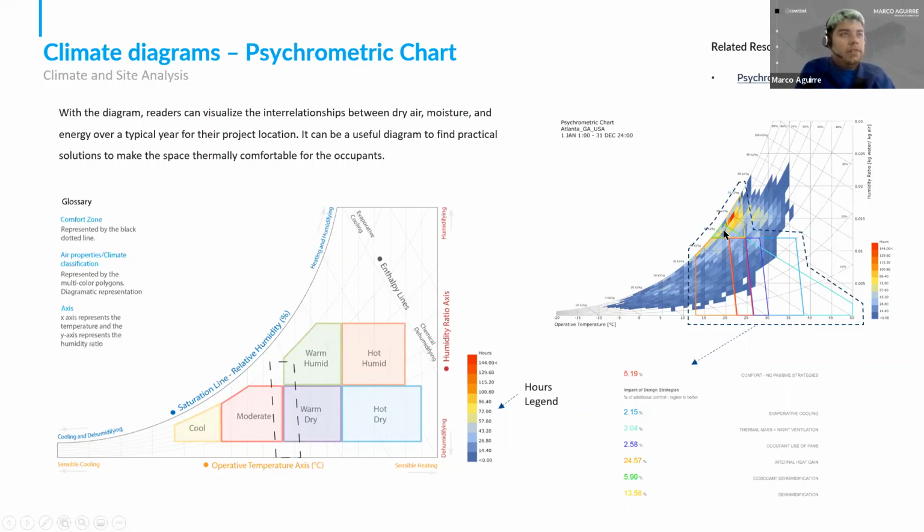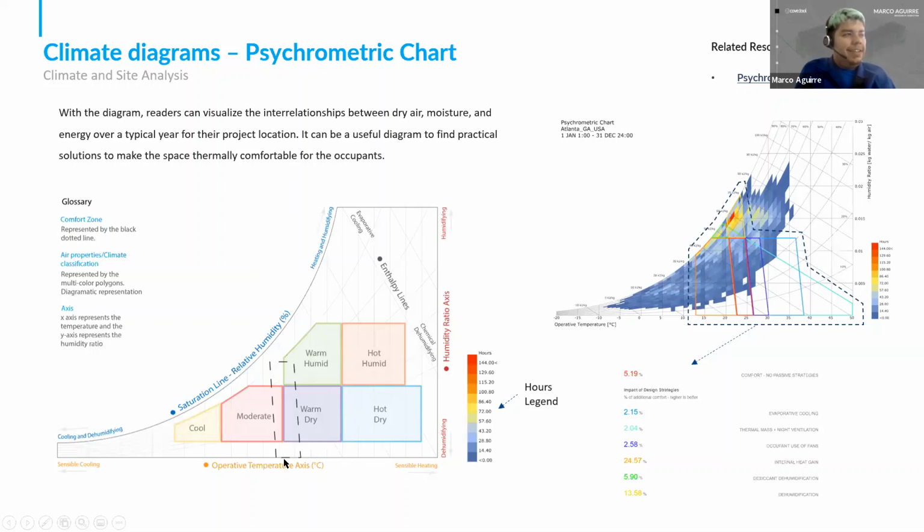On top of the psychrometric chart, you also have these outlined polygons, the orange, the red, the blue, and the different shades of blue and yellows. And those represent where certain groups of climate conditions are occurring. So you can see things like over here, cooler, moderate, warm, dry, hot, dry, humid, dry, and so on.